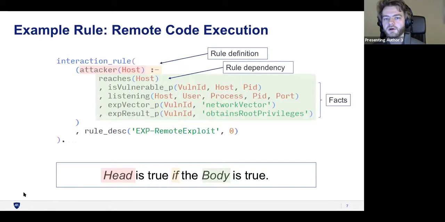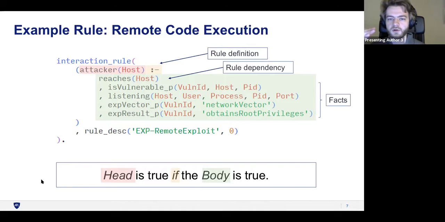So here's a more in-depth example of that rule and what it looks like. If you're familiar with Prolog or Datalog, then this is basically just a Prolog program. But if you're not familiar, what this is saying is that the part in red is true if the body is true, which is the part in green.